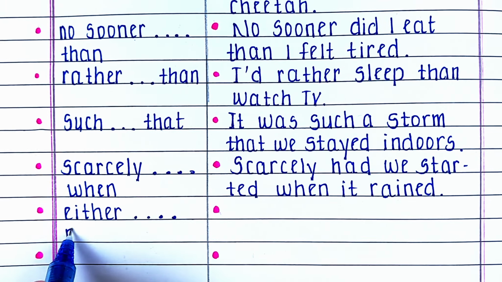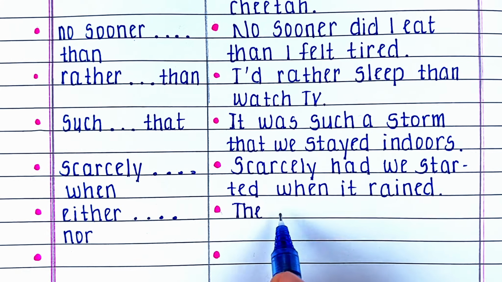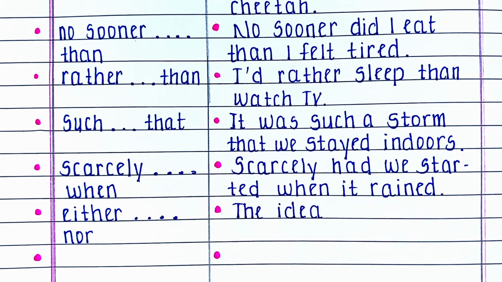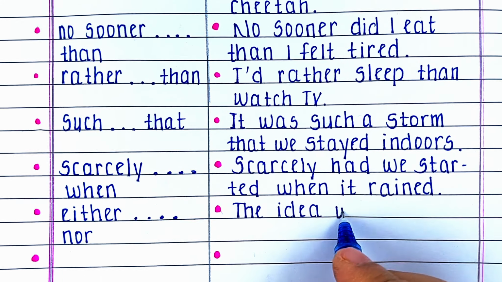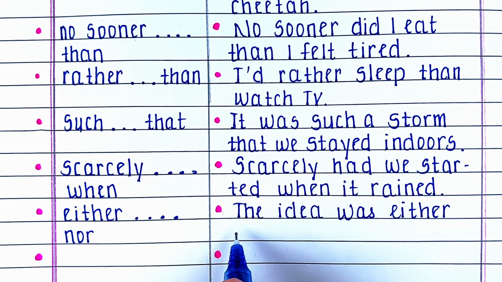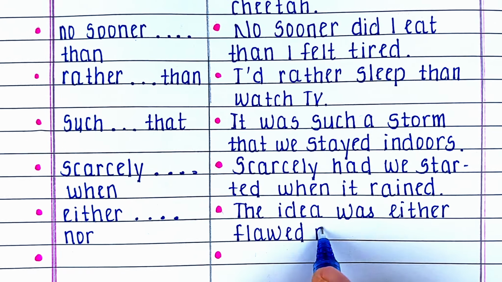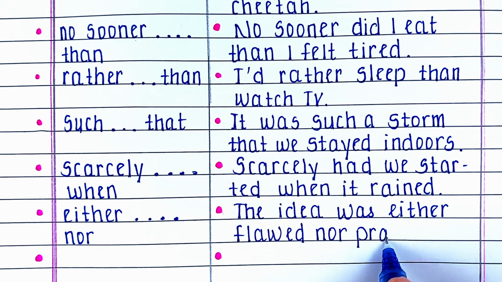Next, either and nor. Example: The idea was either flawed nor practical.